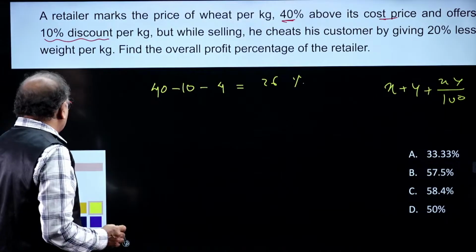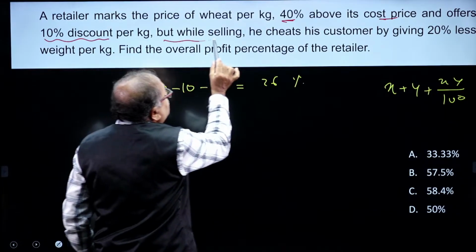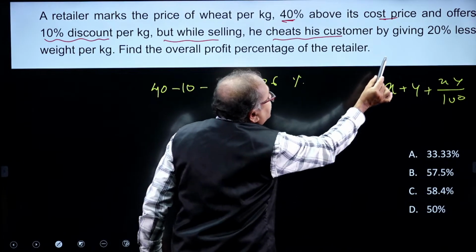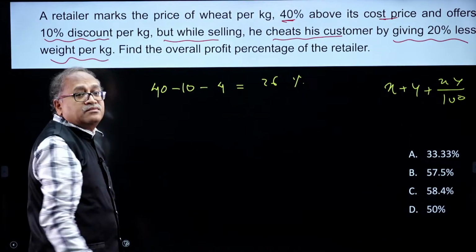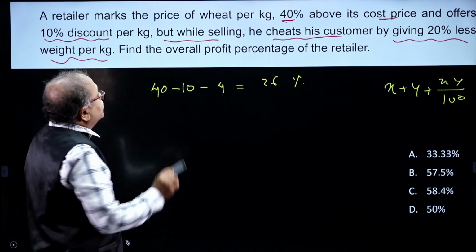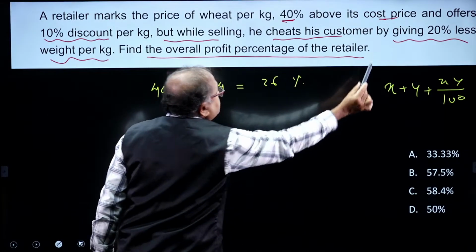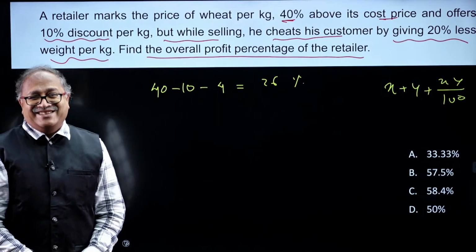And after that, what is the question? Now, while selling, he cheats the customer by giving 20% weight less. There is another profit here. So, overall profit percentage of the retailer.